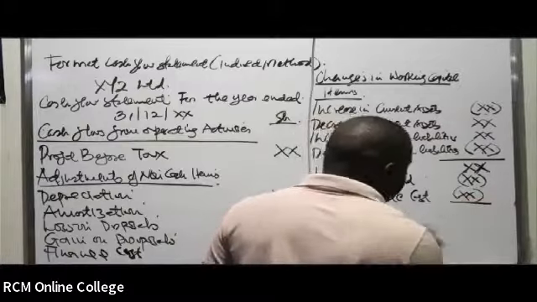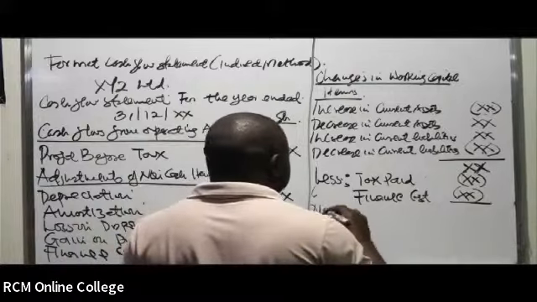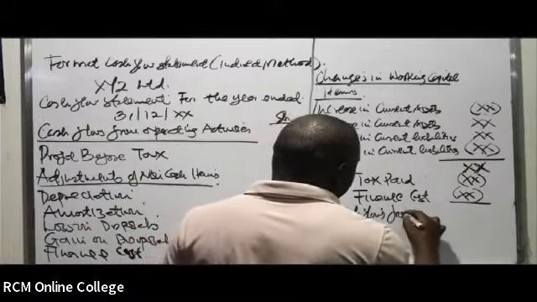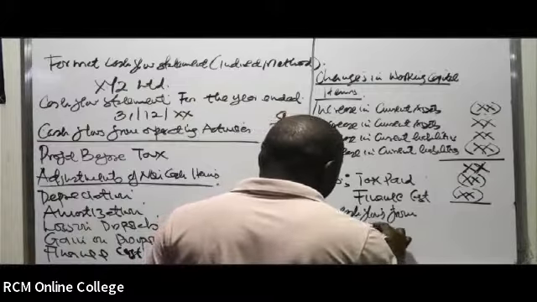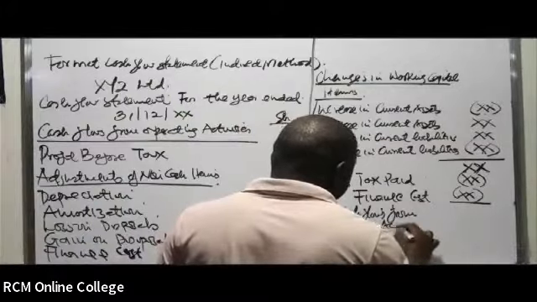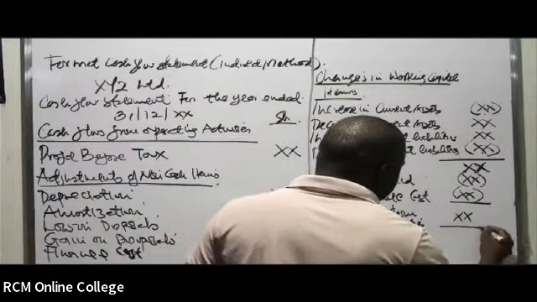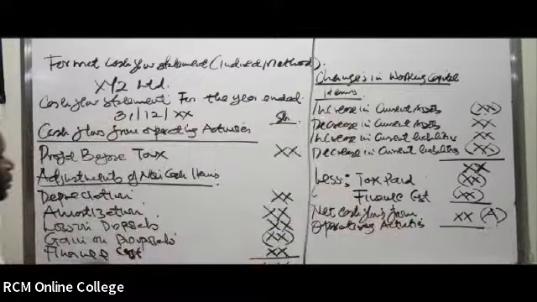So you are able to get the net cash flows from operating activities. And that basically will be your first part of the cash flow statement. You close it there.